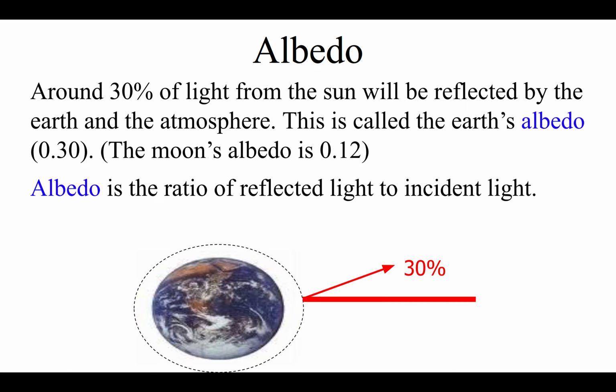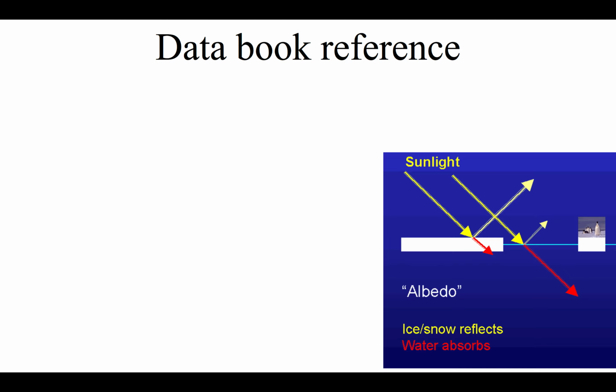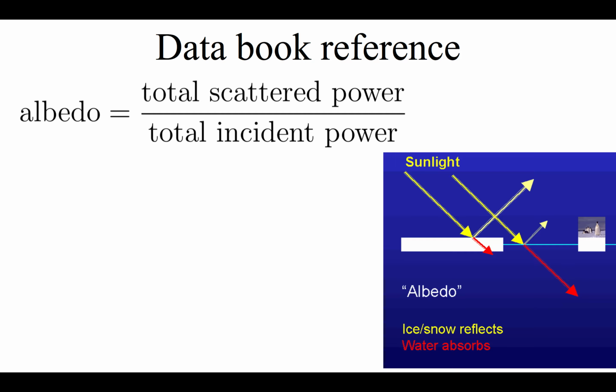Albedo is the ratio of reflected light to incident light, and we have a formula for it. Here it is. Albedo is equal to total scattered power divided by total incident power. And the little diagram there, I thought about taking it out, but I've left it in.